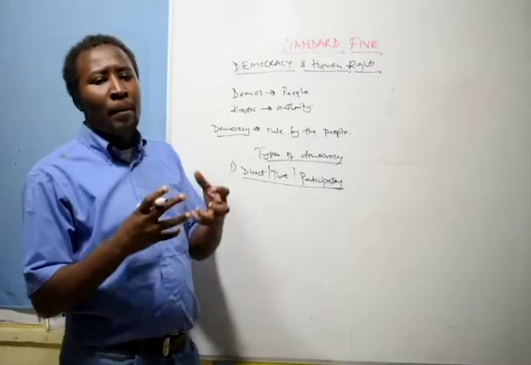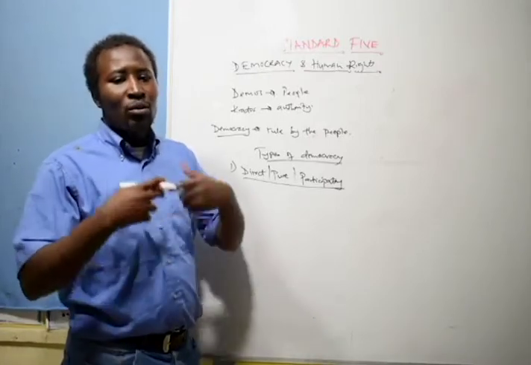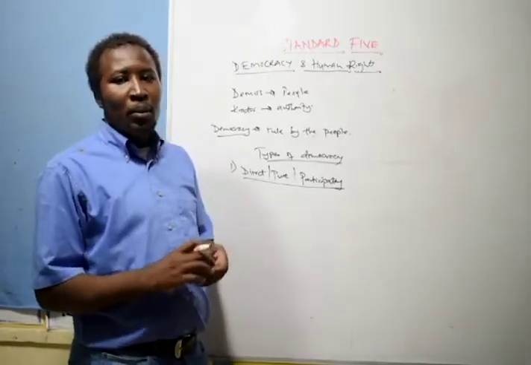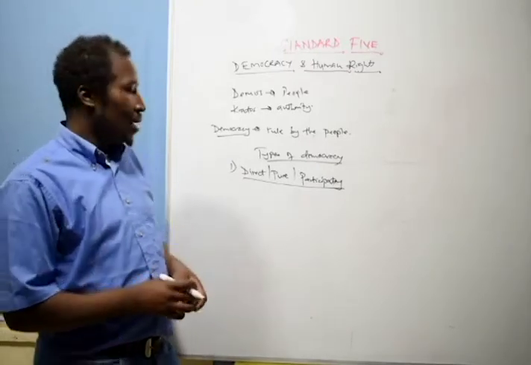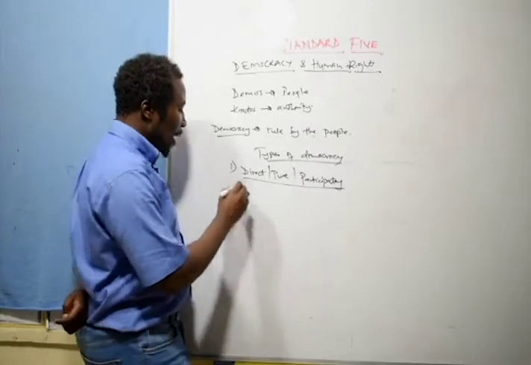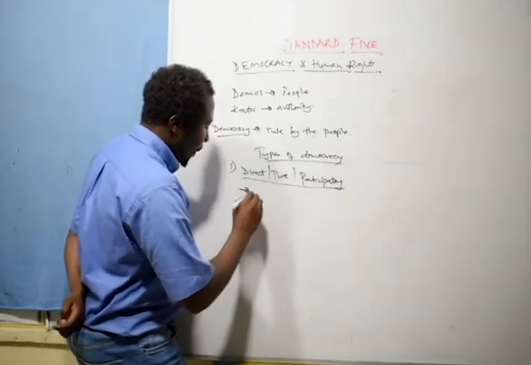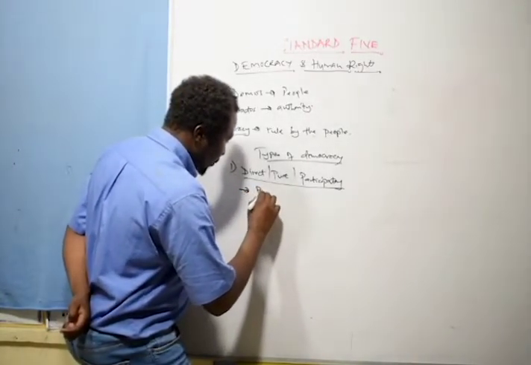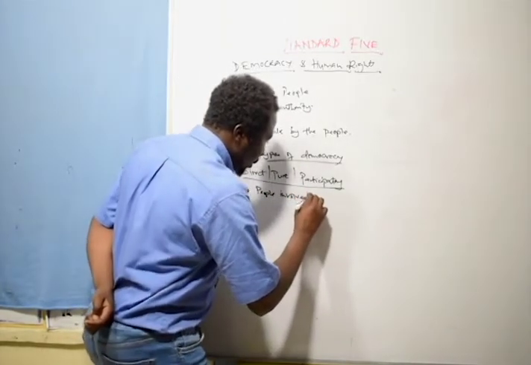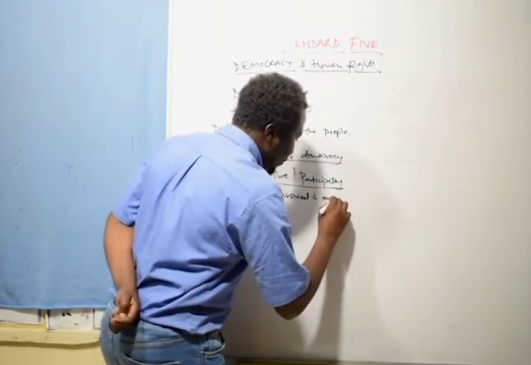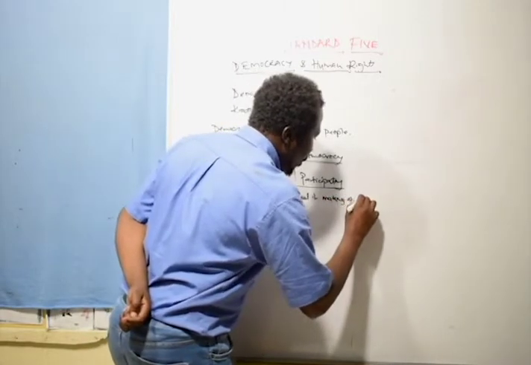Direct is where people are involved directly in decision-making activity. So, this is where we have people involved in making of decisions.